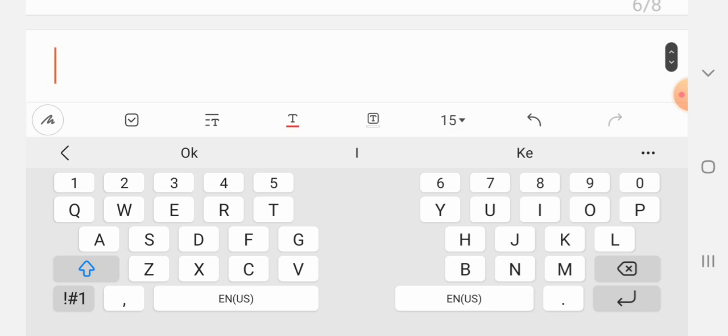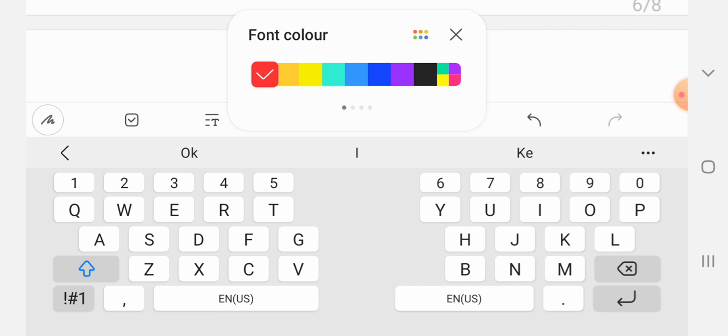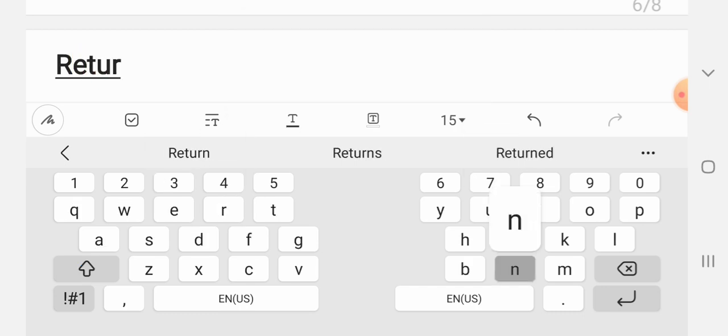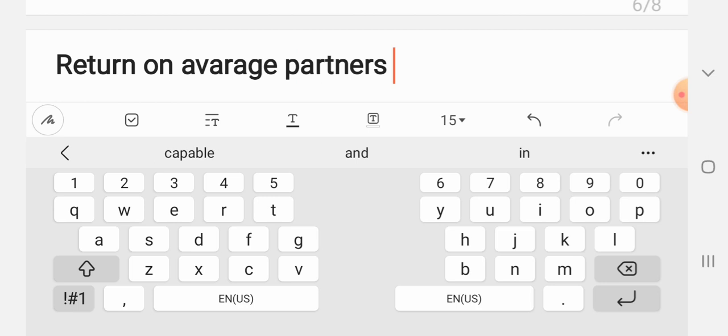So for number 5 we are going to calculate return on average partners equity.